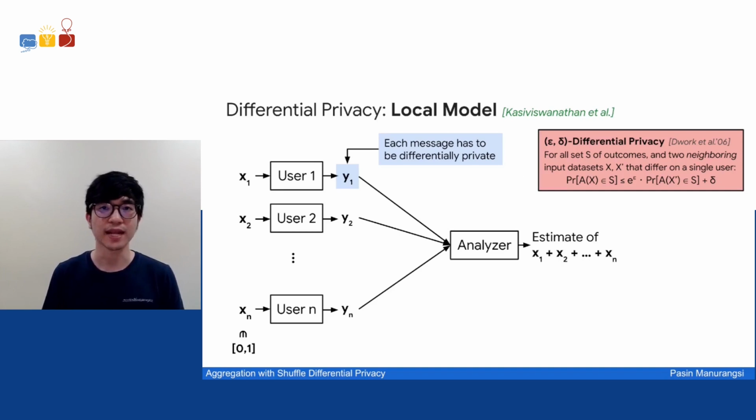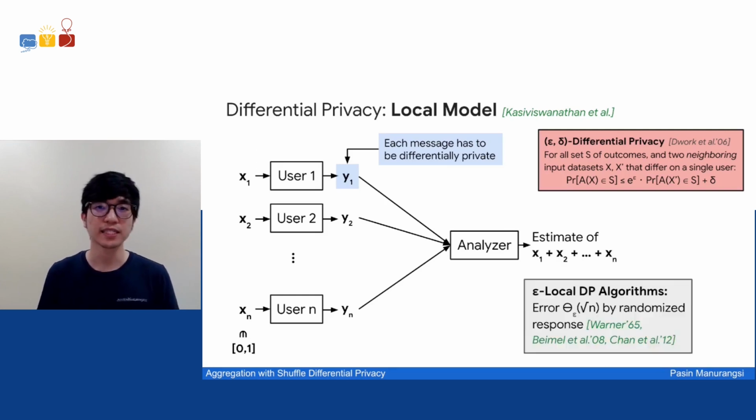So whatever the analyzer does, it cannot learn too much about this user. However, this also comes at a price, because in the local DP model, the best algorithm for the summation problem, the counting problem that we are looking at, has an error of square root of n.